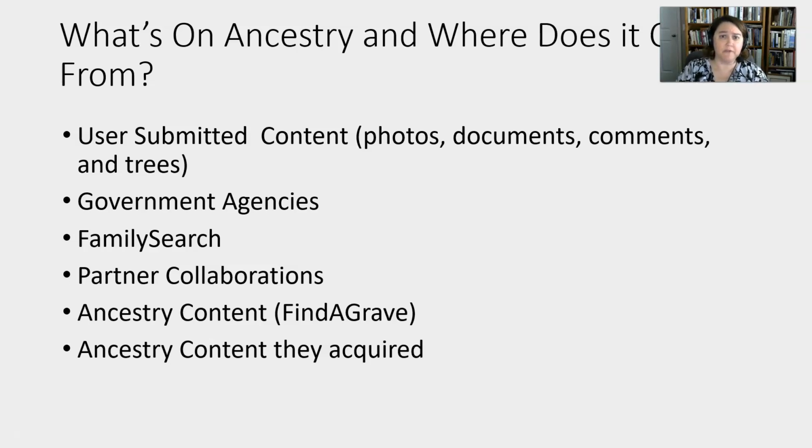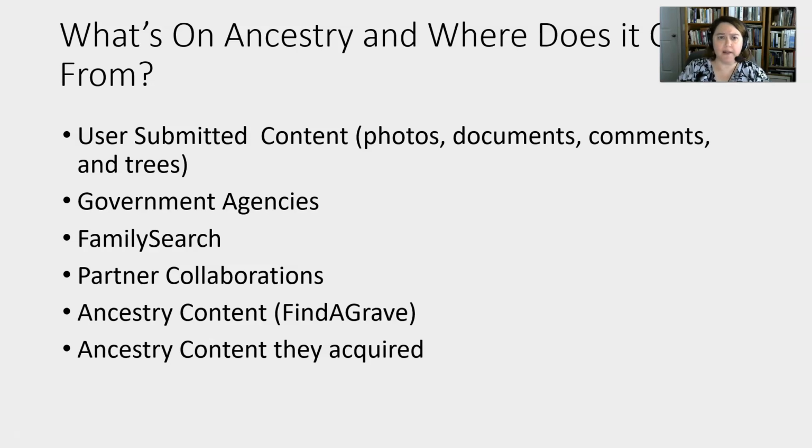Some of it is from FamilySearch. So yes, FamilySearch does give content to Ancestry. It gives content to MyHeritage, to Findmypast. And so that's why in some cases you'll find something on Ancestry and you'll find it on FamilySearch. But there might be a little difference. It might not be indexed on FamilySearch, but it is on Ancestry, for example.